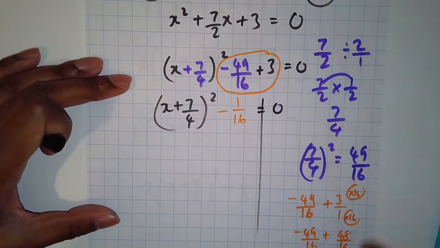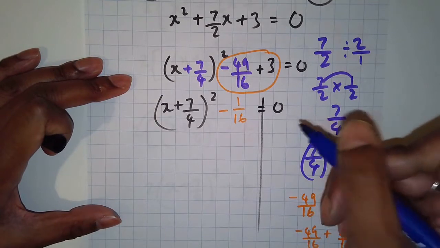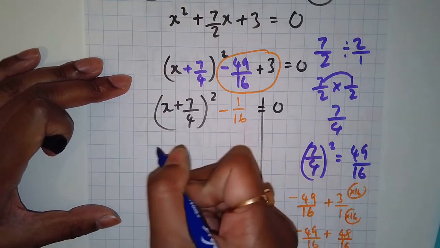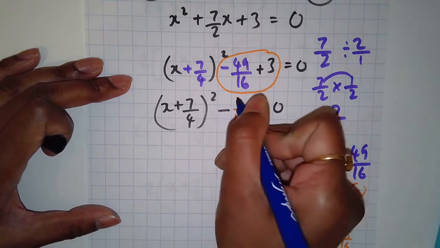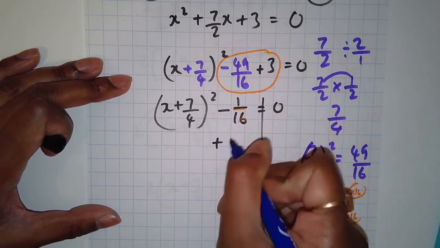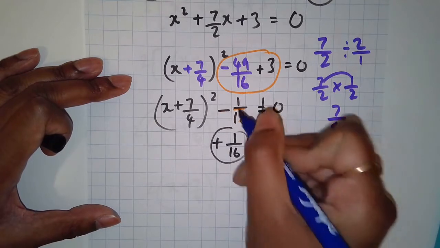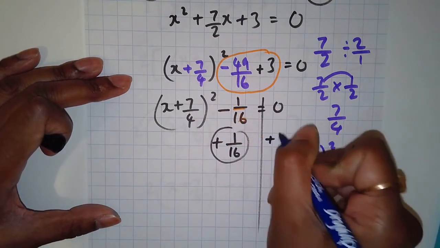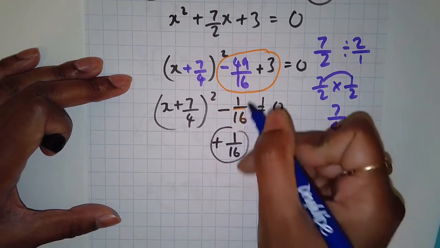Now I'm going to solve this. Deal with this bit first. To get rid of that, I add. What you do on this side, do on the other side. These cancel.